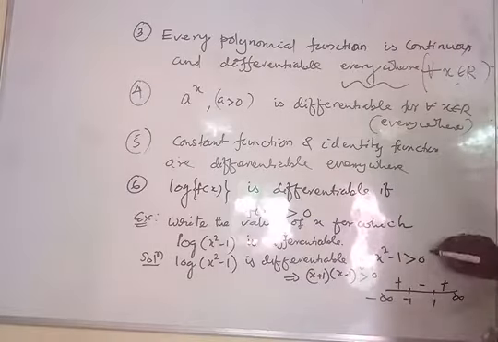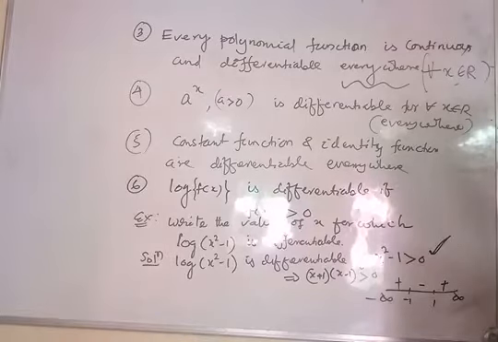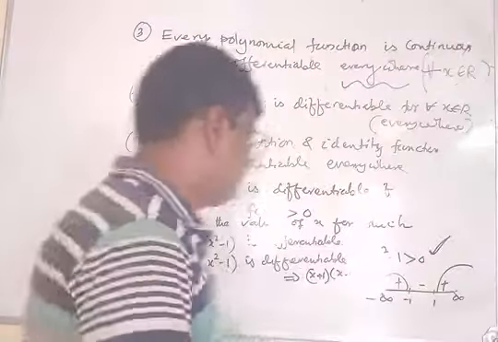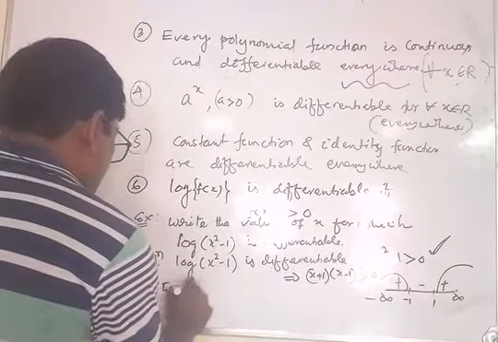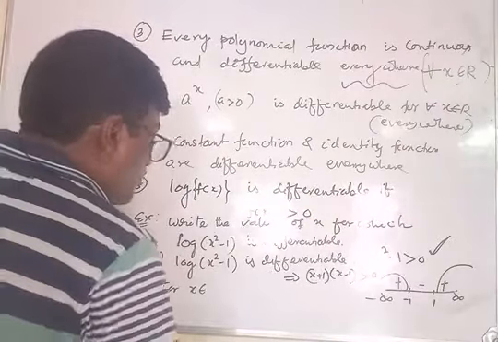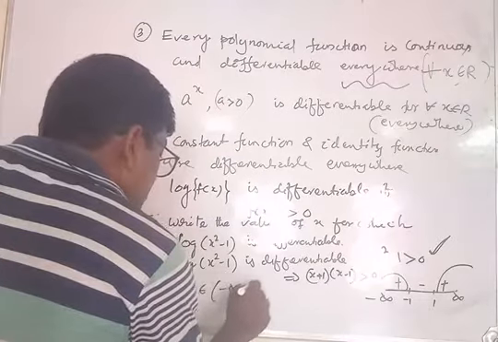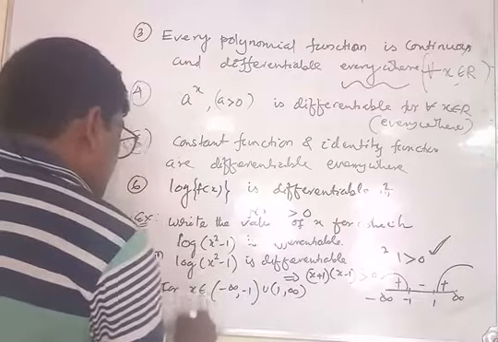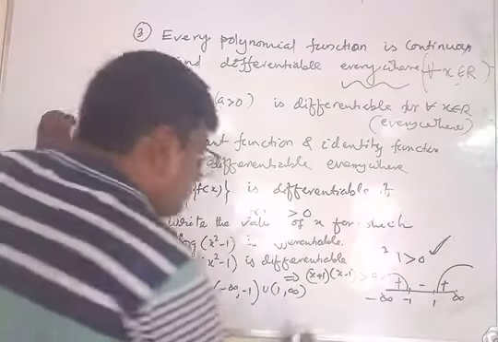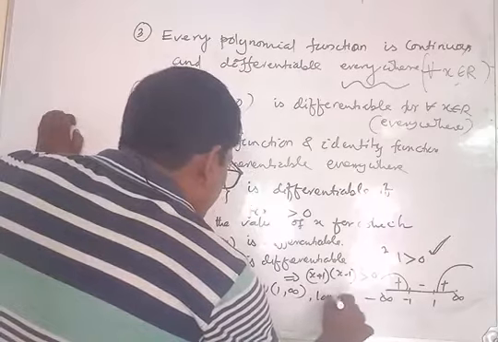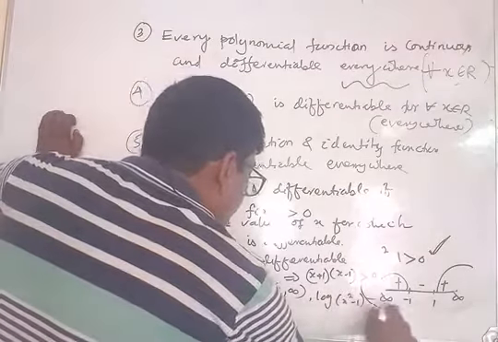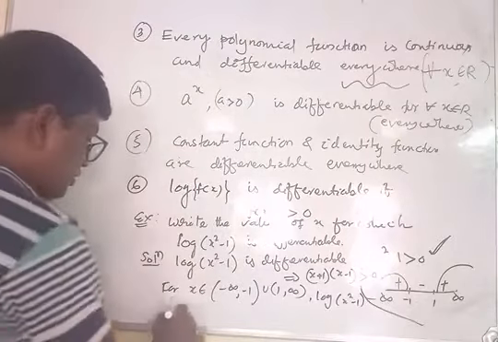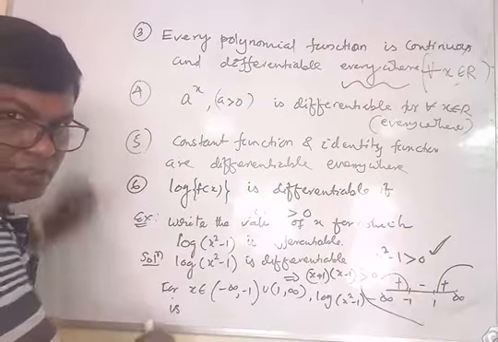We require positive only, and this is positive and this is positive. So for x belongs to minus infinity to minus 1 union 1 to infinity, log of x square minus 1 is differentiable.